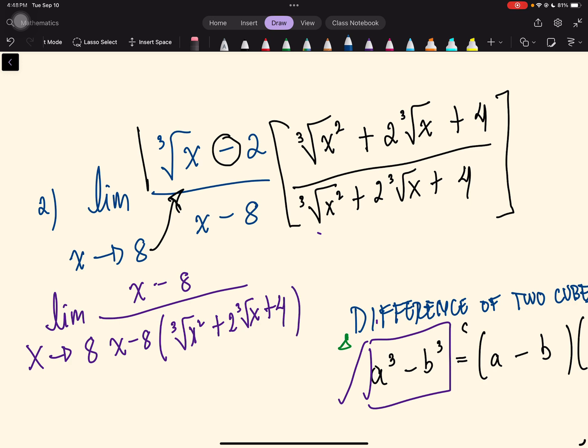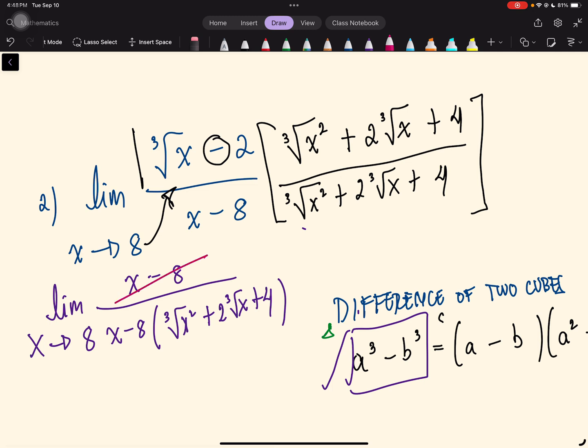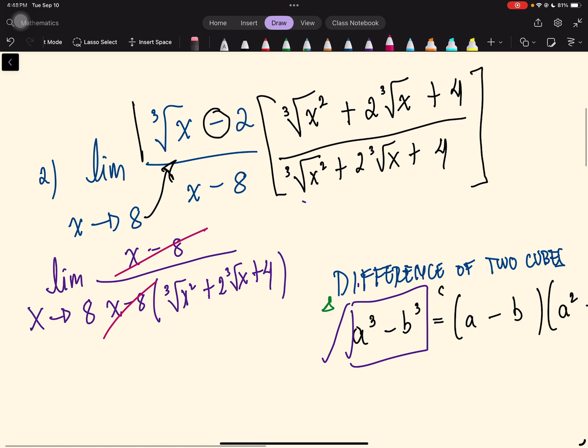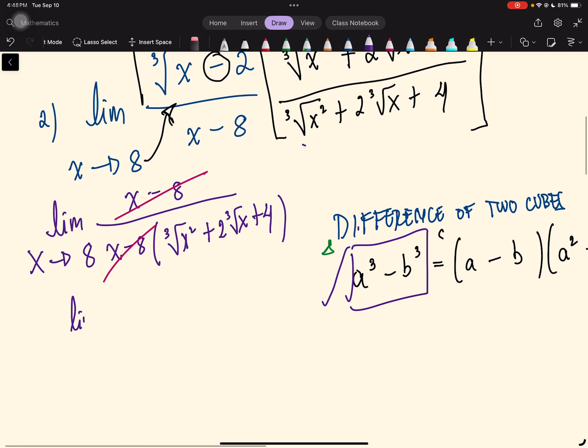Alright, so as you can see, we have a common numerator and denominator. So we can cancel these two here. So what do we get? We get the limit as x approaches 8 of 1 divided by the cube root of x squared plus 2, it's tiring to write, it's long.